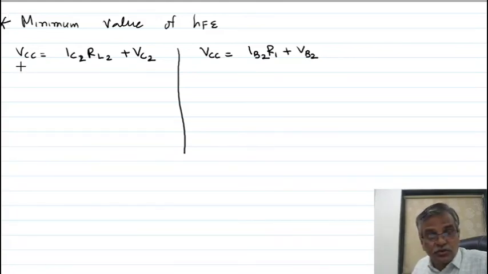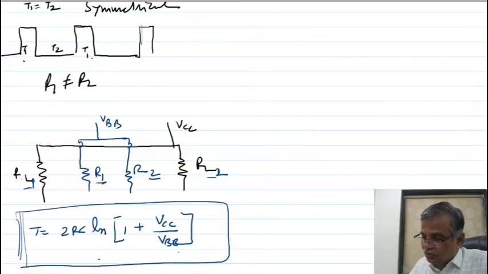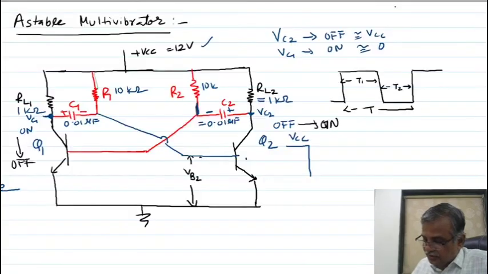When transistor Q2 is in the saturation region, look here, I can write VCC is equal to this voltage plus this voltage.